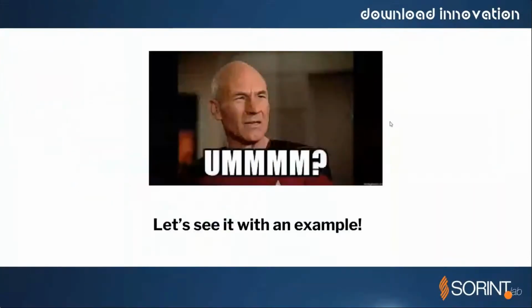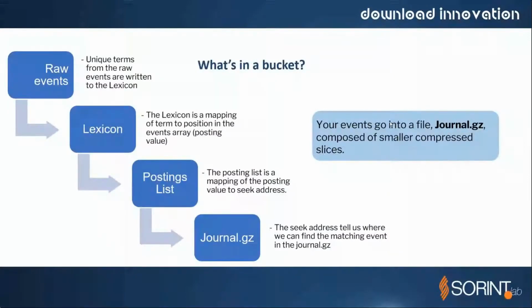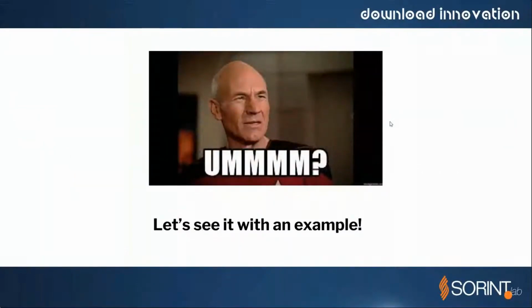And then we look up the posting list, which is a mapping of the posting value to the seek address. The seek address is where we can finally find the event in the journal.gz file. So this can be quite confusing. So let's visualize it with an example.